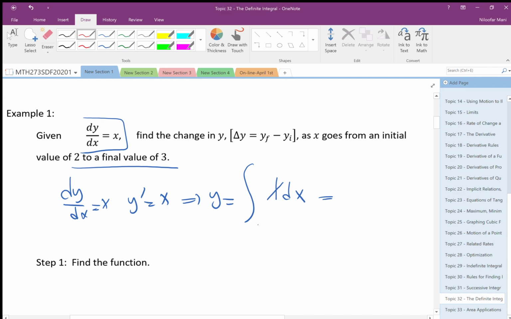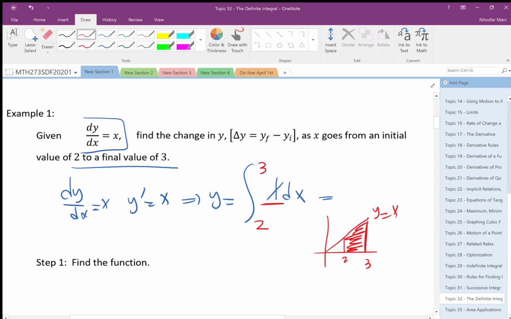I say from 2 to 3, which means I don't want you to find the function. I want you to give me a value. So the value is the area under the curve, under this curve from 2 to 3. Where is the curve? The curve is here. This is y equals x, and this is, for example, 2, and this is, for example, 3, and I want this part. I am looking for that part.